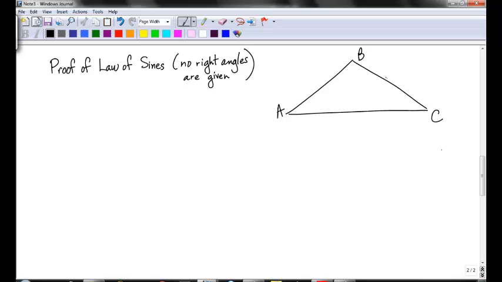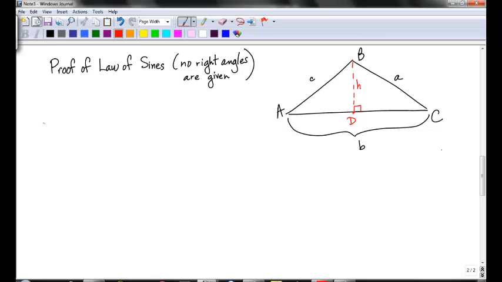This would be side A, this whole thing would be side B, and this would be side C. Now, here's how they do it. It's very similar to what you did in geometry. You drop a perpendicular. You basically force a right angle in there. They label this as H for the height, and this is point D.